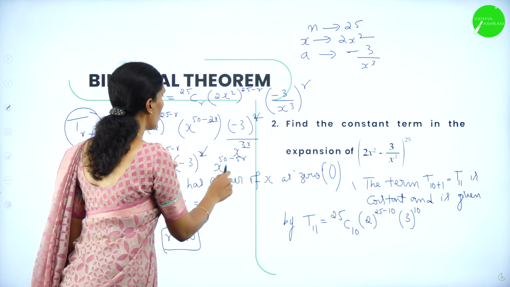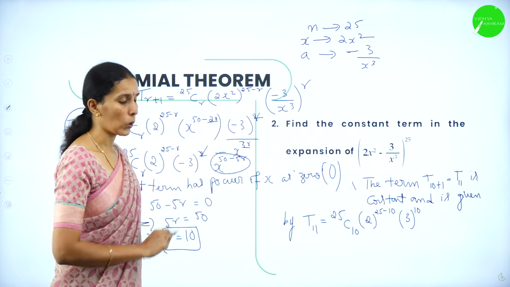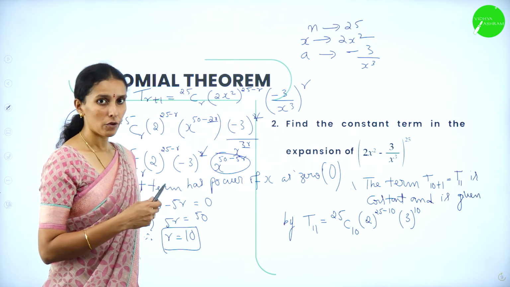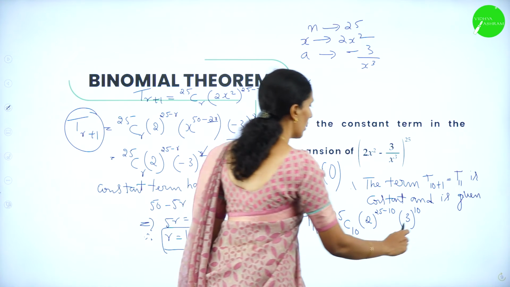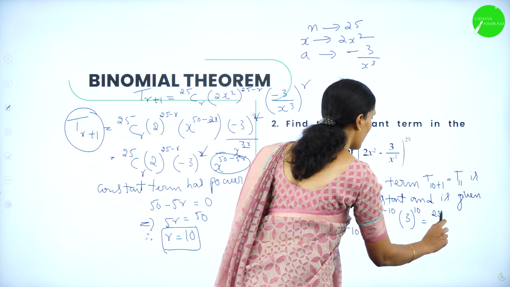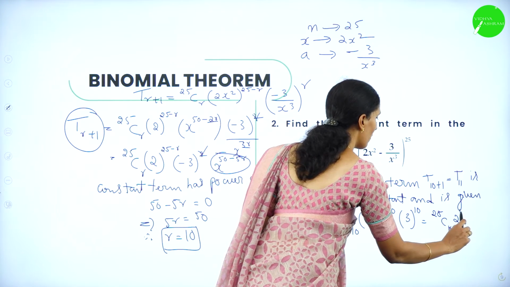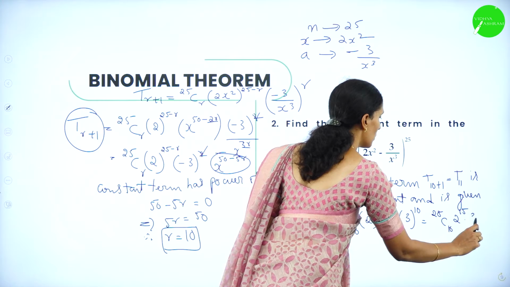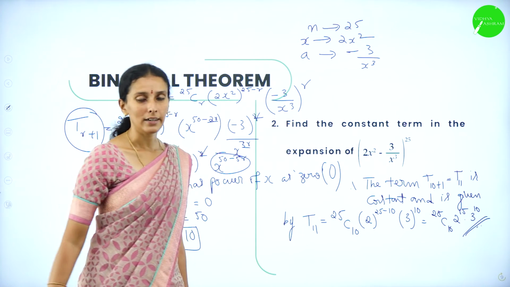Then don't write the x term because its power is 0, and when the power of x is 0, its value is 1. So the answer is 25C10 into 2^15 into 3^10. So this is the constant term.